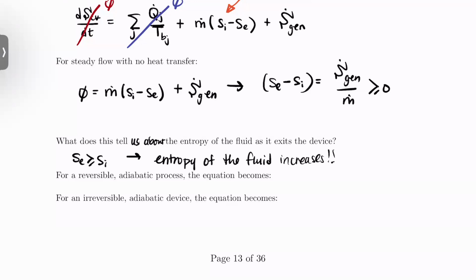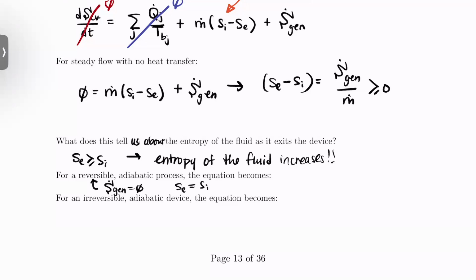All right. For a reversible adiabatic device, since we're talking about reversible, that means that S dot gen is equal to 0. So we only have S gen is 0 for a reversible device. So that means that our specific entropy stays the same, s_e equals s_i.